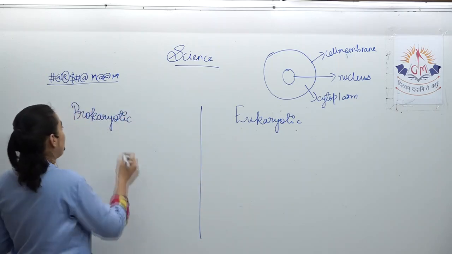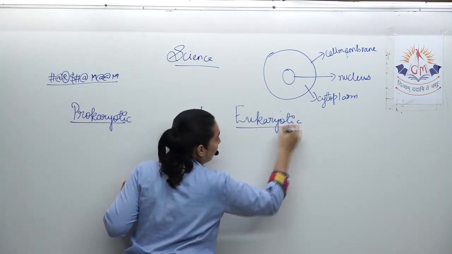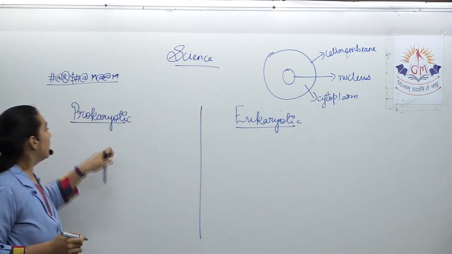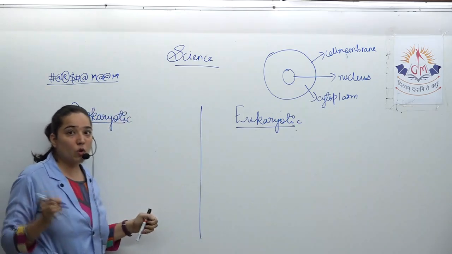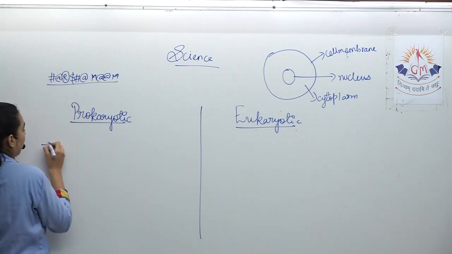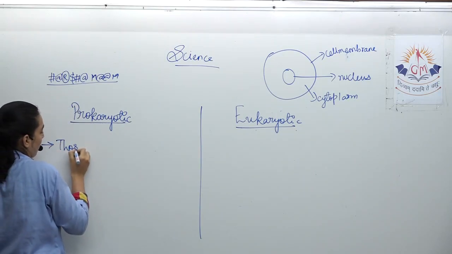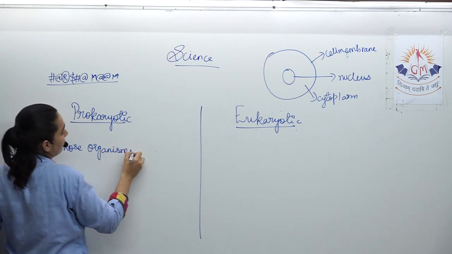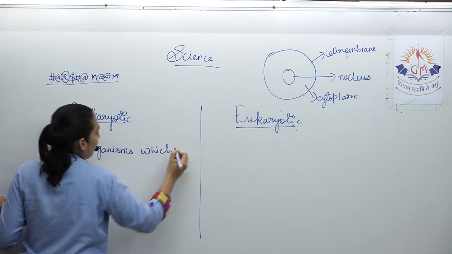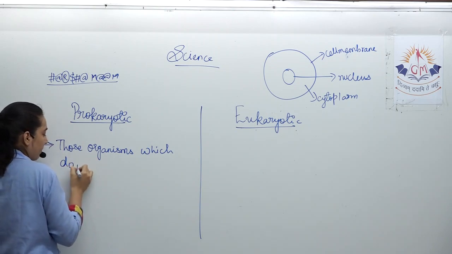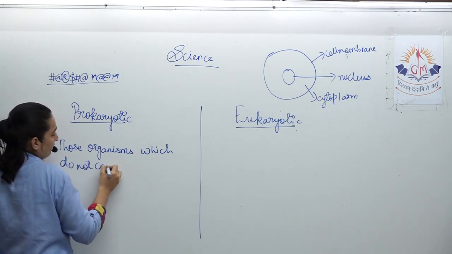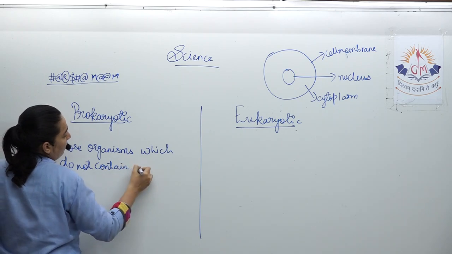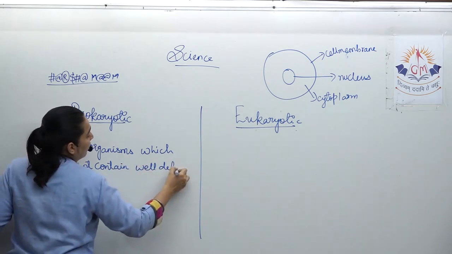Now what is the meaning of the words prokaryotes and eukaryotes? Prokaryotic organisms are those organisms which do not contain a well defined nucleus.